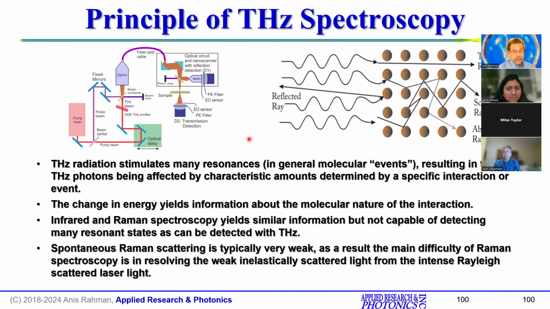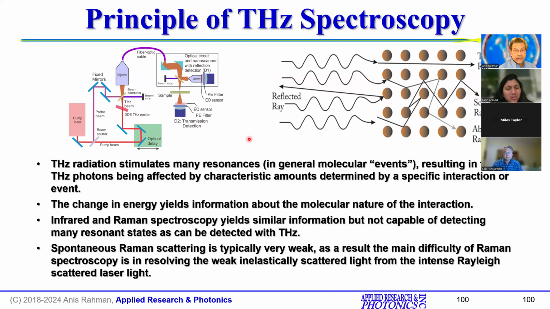The difference is that it's in the low frequency region, because it's terahertz, from 1 terahertz to some 30 terahertz. If you convert that into wave number, it's between 1 wave number and about 1,000 or 1,100 wave numbers. So this is the region that is not accessible by any other radiation because of their energy or wavelength.